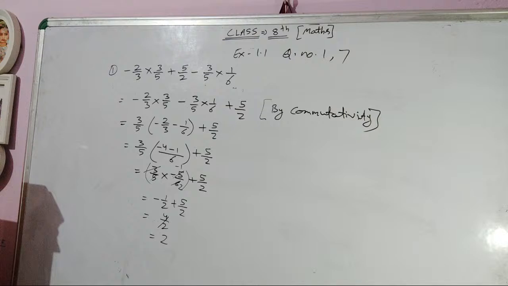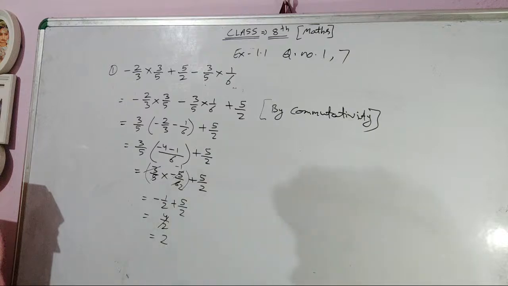Okay, now question number 7. In question number 7 we have to tell what property allows you to compute 1 upon 3 into 6 into 4 by 3 as 1 upon 3 into 6. Look here.